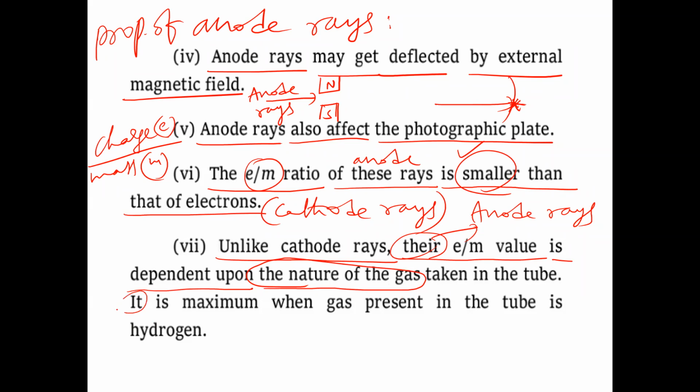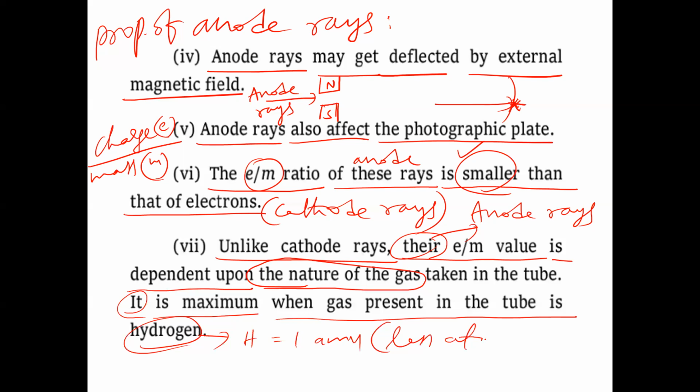This E by m ratio is maximum when the gas present in the tube is hydrogen. Hydrogen has an atomic mass of 1 amu, which is less. When mass is less, the E by m ratio will be greater.